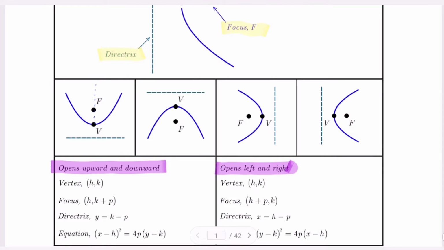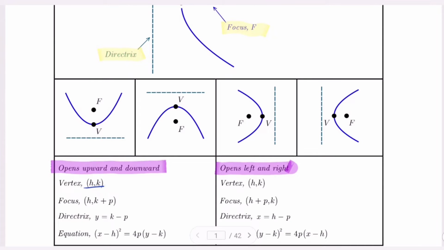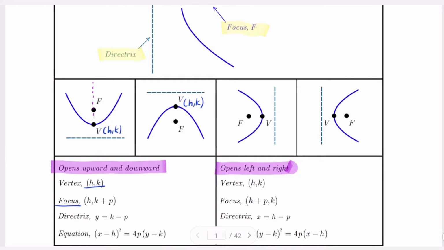So we notice that our vertex will be labeled as H, K. And the focus, if you notice, the coordinate for H will remain the same.